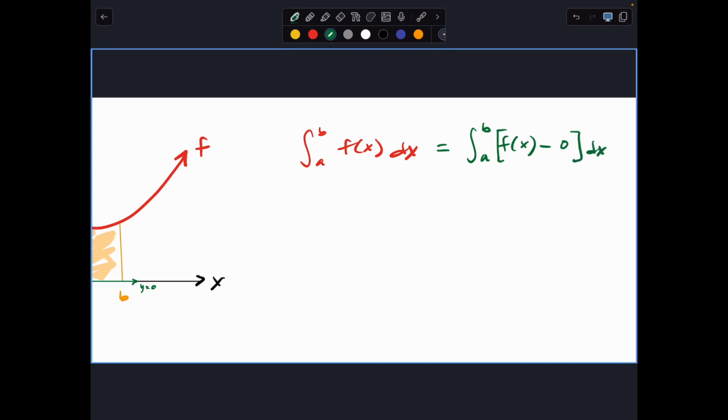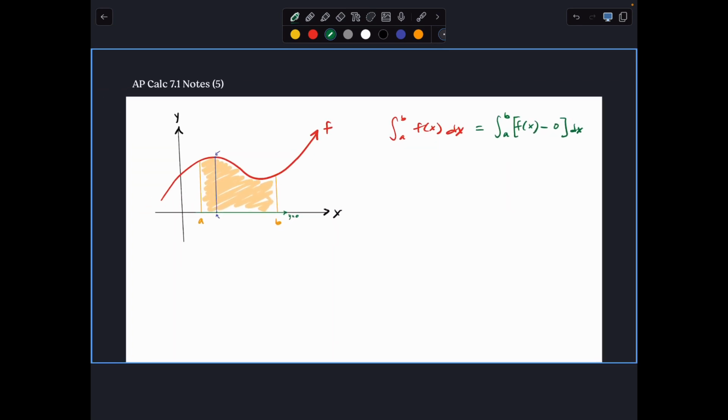We're thinking top function is f of x, bottom function is 0, because we're finding the heights of each of those rectangles by taking the top function value and subtracting the bottom function value. And then the dx represents the width of each of those rectangles. Are you guys with me so far? You see where I'm going with this?